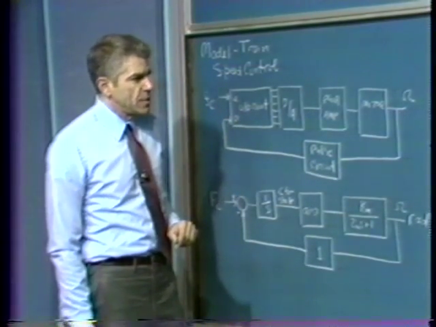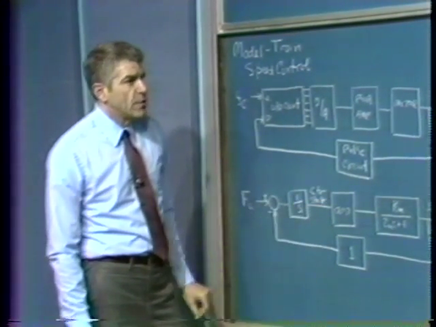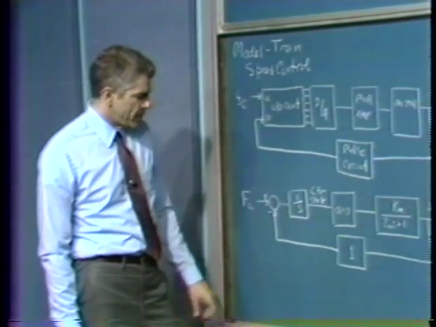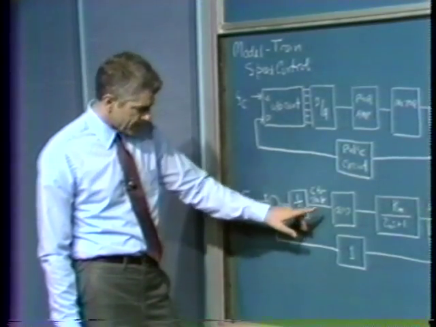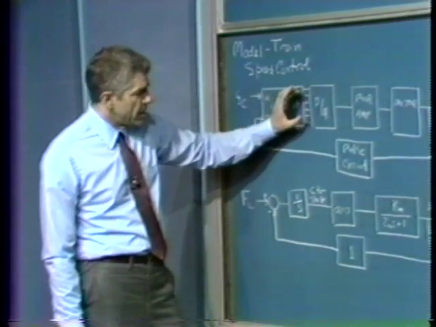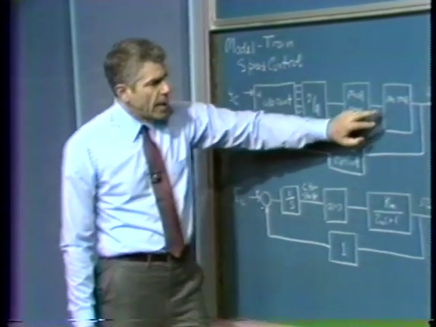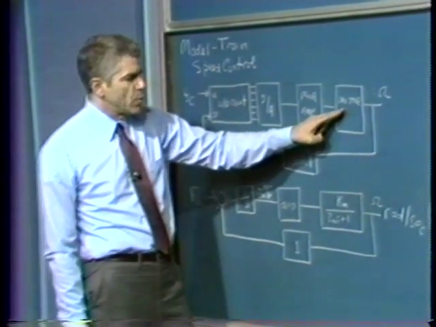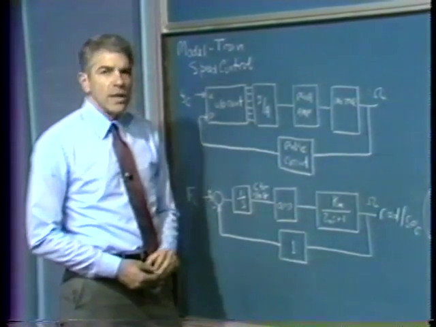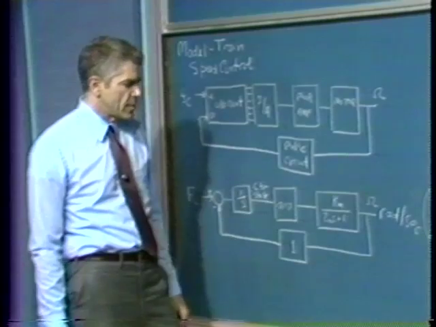The numbers in our system, if we now look at the loop transmission for this sort of system, are roughly as follows. The overall scale factor, including the conversion factor of the D to A from counts to D to A output voltage, the gain of the power amplifier, and the constant associated with the motor, works out to be about 20 radians per second per count, and that lumps all of these constants together.